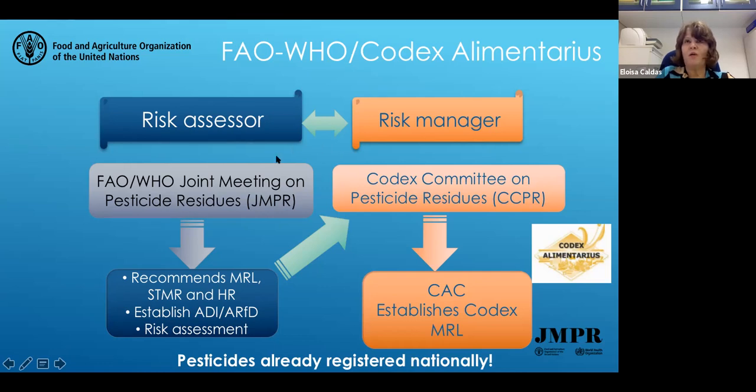Because before, we always had the JMPR meeting in September, and the decision by the CAC would only be taken in year 3.